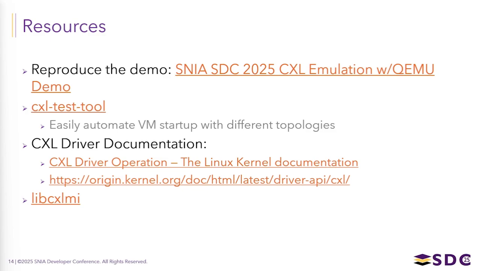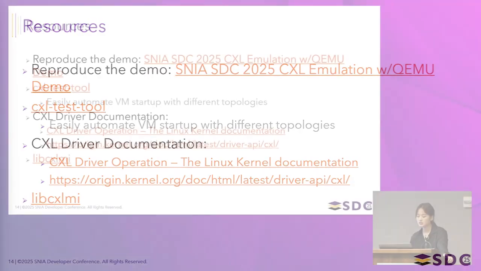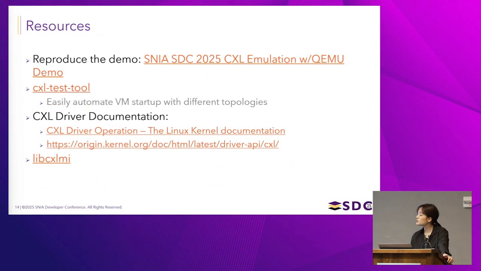So I've also included a link to some kernel documentation pages that go over what I talked about in the presentation in more depth, but also other topics that you may be interested in, such as platform configuration and what happens during boot, et cetera. And so the last link here is a link to libcxlmi, which is a CXL device management library used as the FM in the demo.